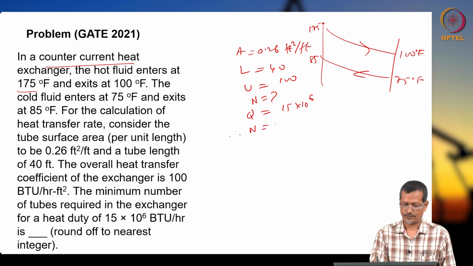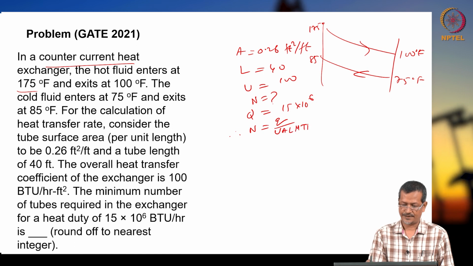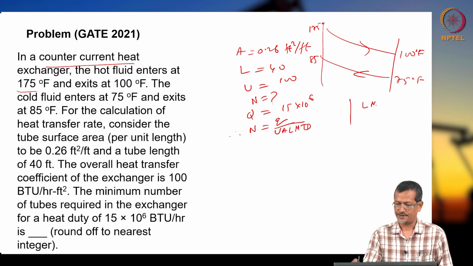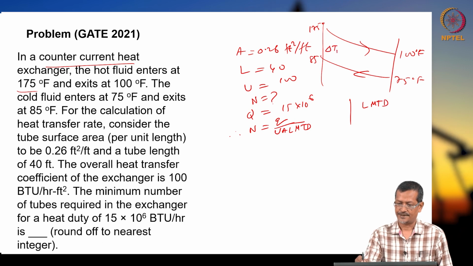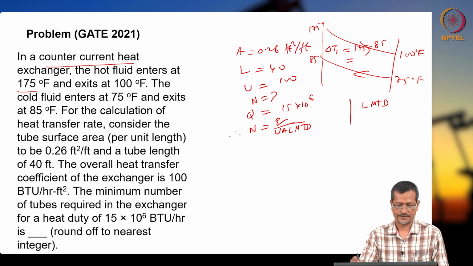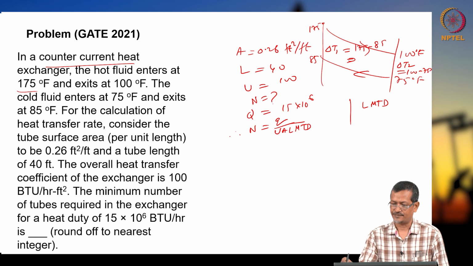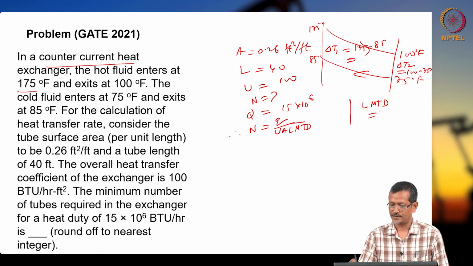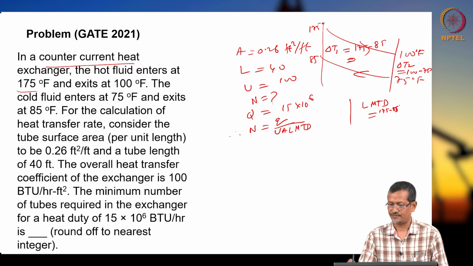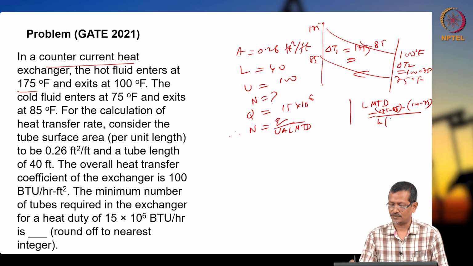Therefore N equals Q by UA LMTD. And LMTD: del T1 equals 175 minus 85, del T2 equals 100 minus 75. So LMTD equals 175 minus 85 minus 100 minus 75 divided by logarithm of 175 minus 85 divided by 100 minus 75.